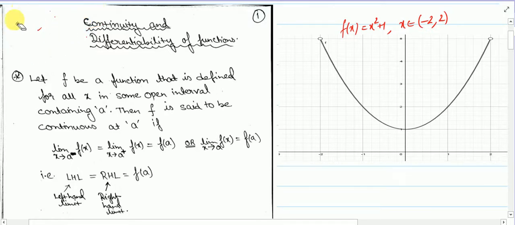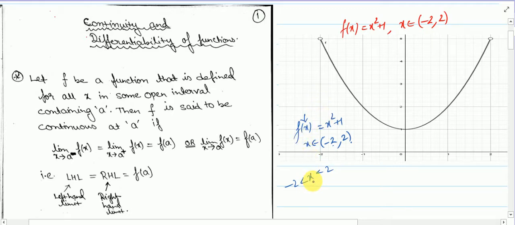Let's try to understand from here. I have taken one function, f of x is equal to x square plus 1, and I have taken x in the open interval minus 2 comma 2. Means x can be anything between minus 2 and 2.